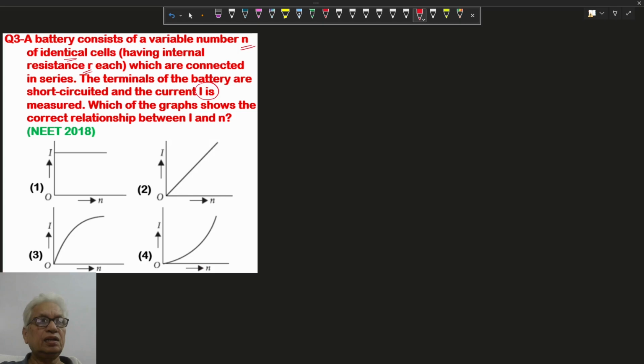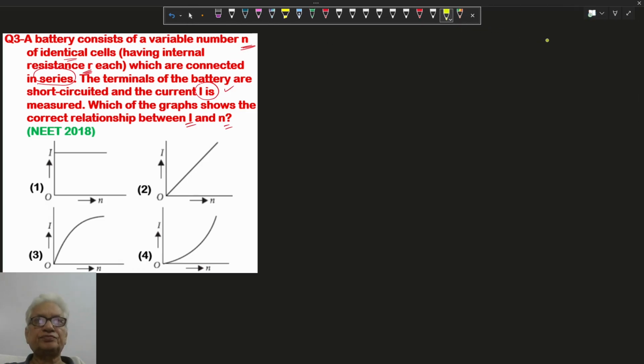In this question, n identical cells are there, with the same internal resistance. They are connected in series. The terminals of the battery are short circuited and the current I is measured. They plotted the graph between current and number of cells.